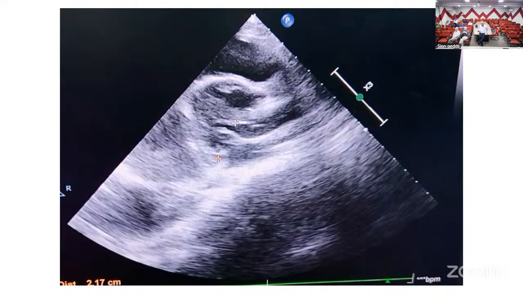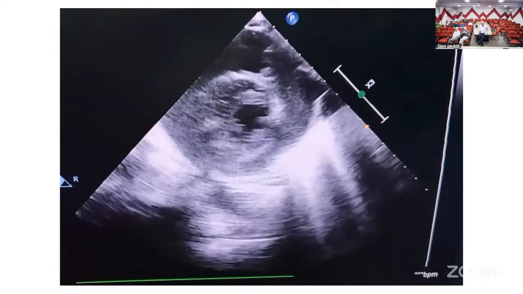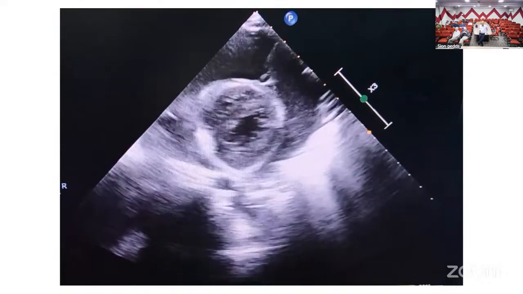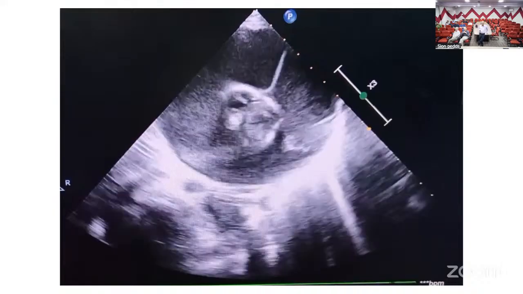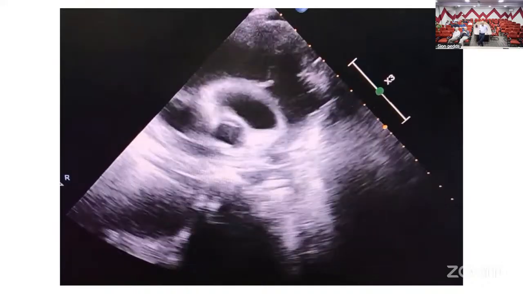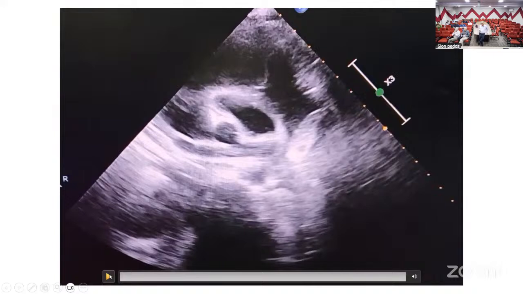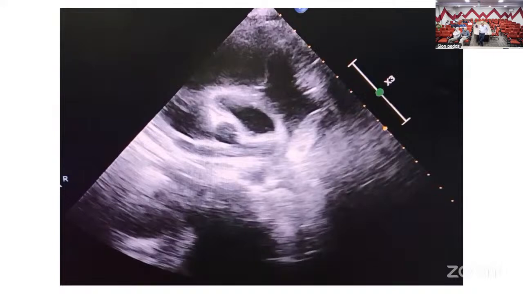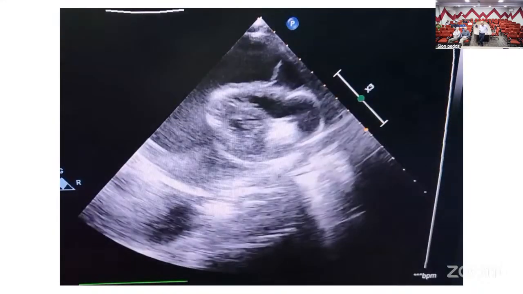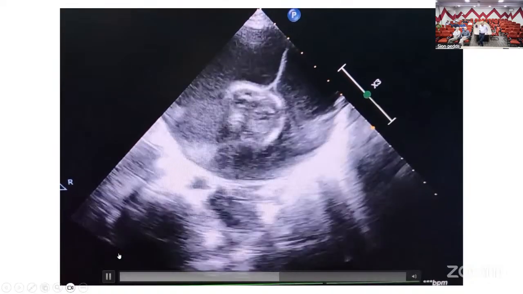We did a point of care ultrasound. The point of care ultrasound echo is the video on the screen. The echo shows the heart surrounded by a lot of echogenic fluid with septations present in the fluid, suggestive of a pericardial effusion.